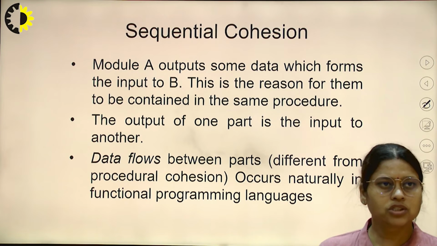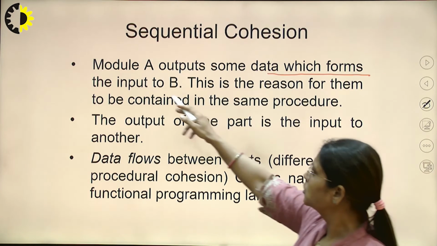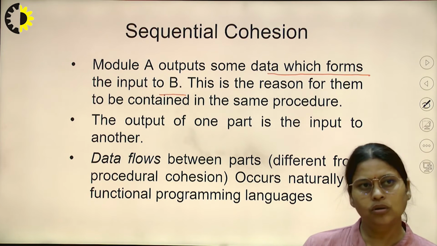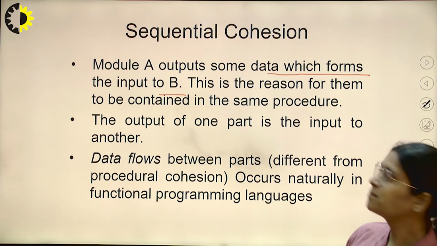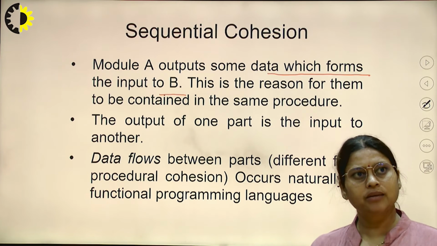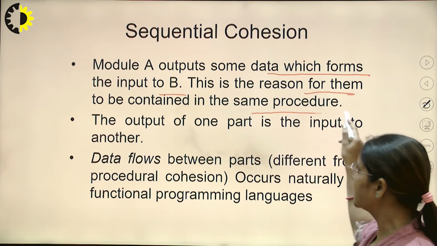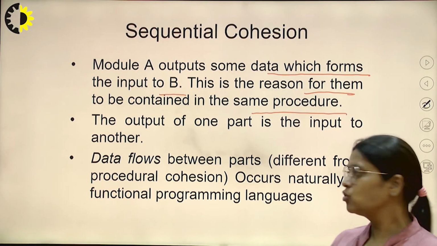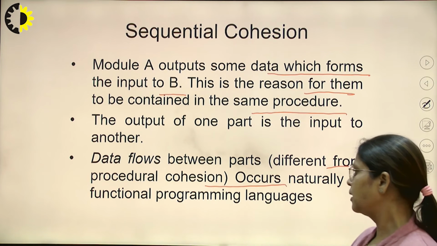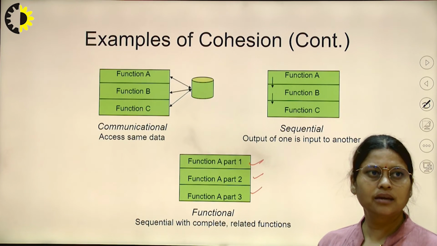So what is sequential cohesion? Module A outputs some data items which form the input to module B. This is the data flow part, which differs from procedural cohesion in the functional programming language, as we have seen here.